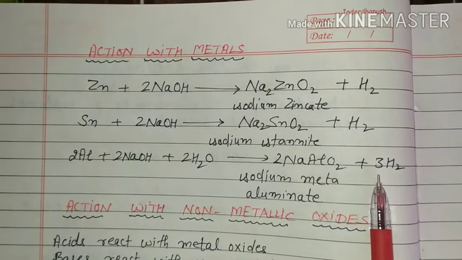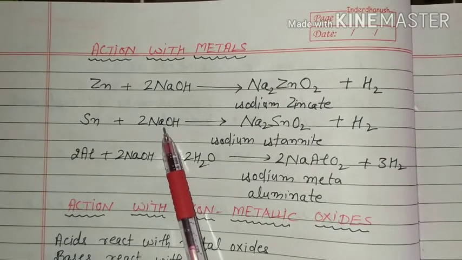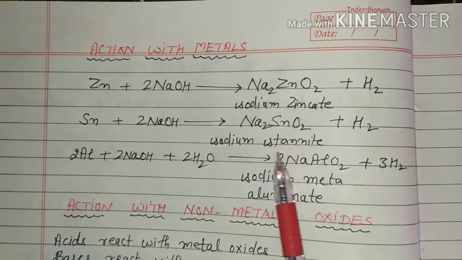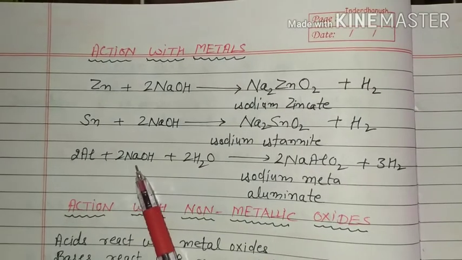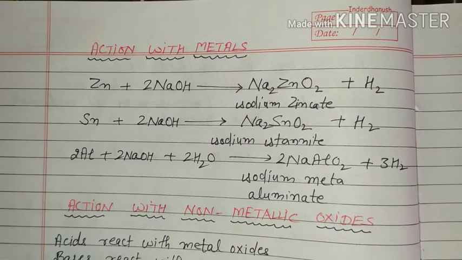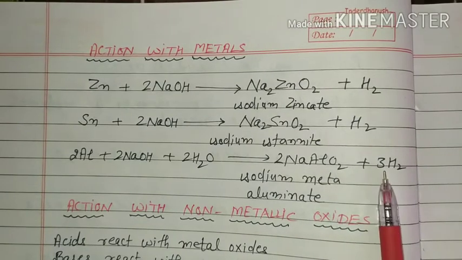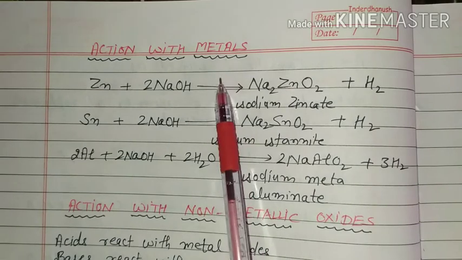Similarly, tin reacts with 2NaOH to give Na2SnO2, that is sodium stannate, plus hydrogen. And the last reaction: aluminium plus sodium hydroxide plus water gives sodium meta-aluminate, NaAlO2, plus hydrogen. This is the common feature when metals react with bases.